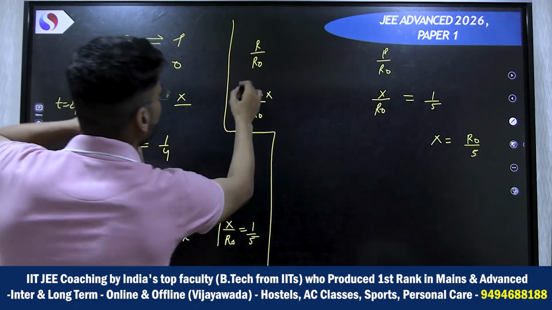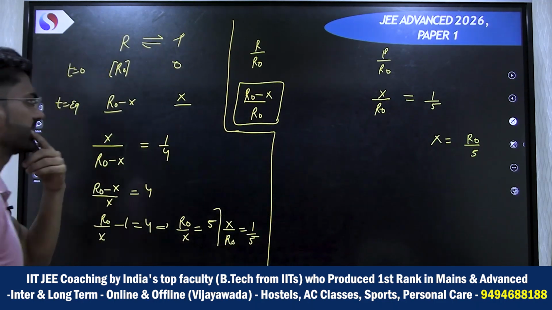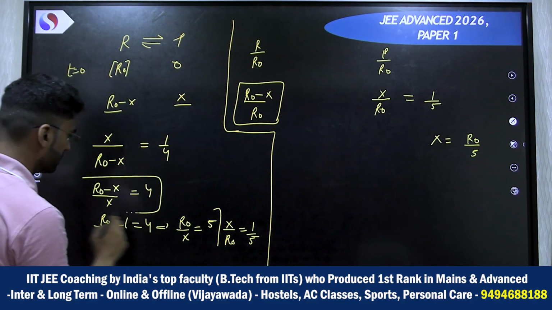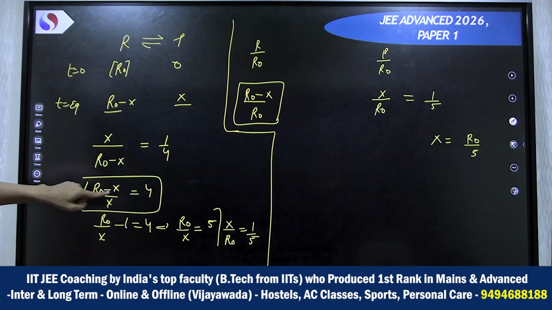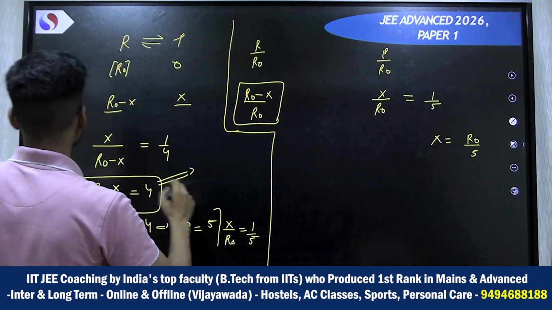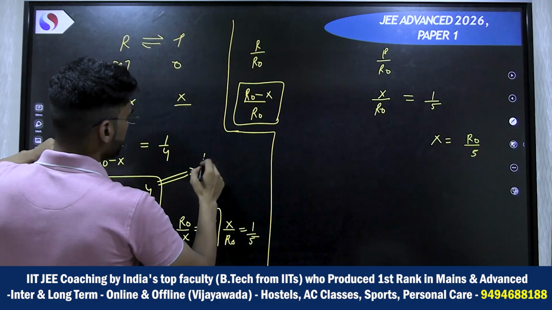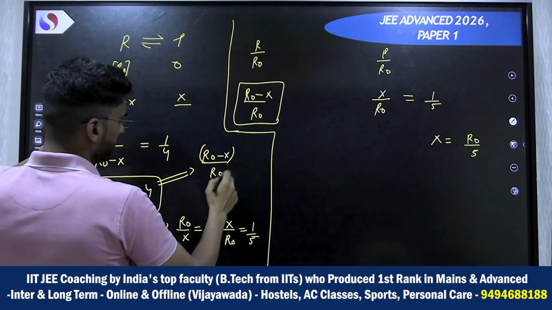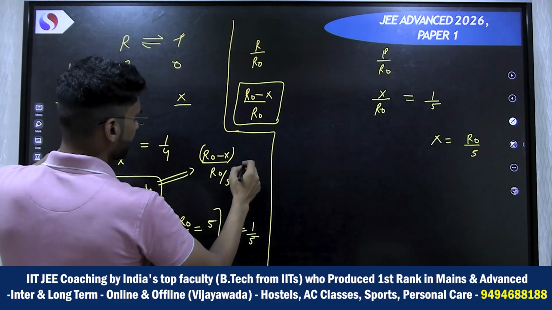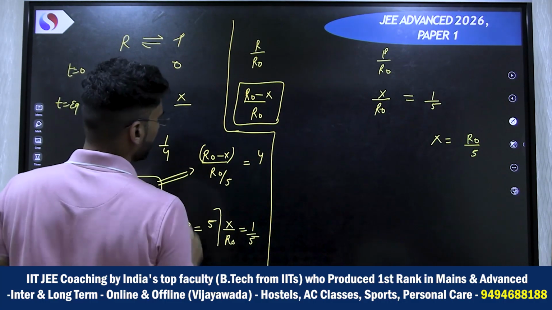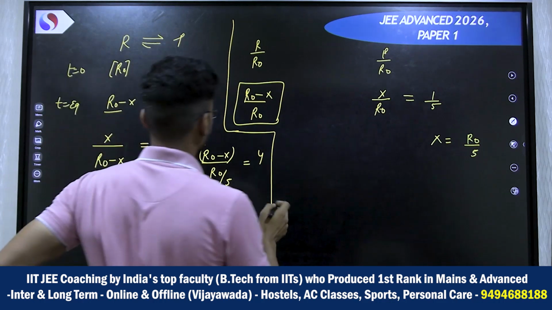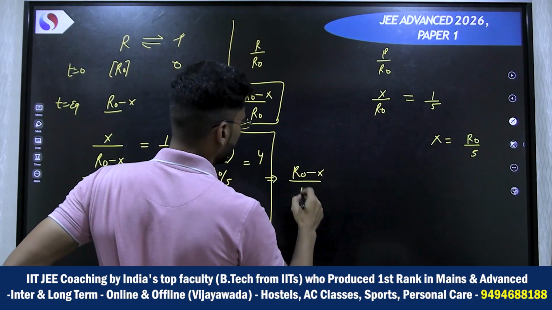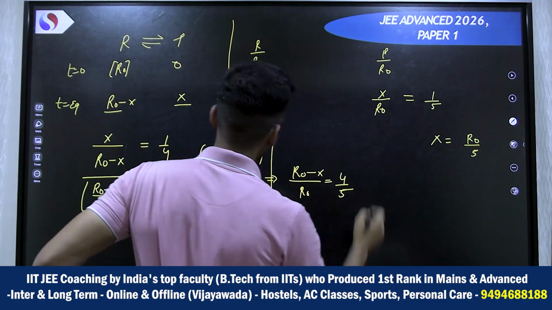I need to calculate this value, R naught minus X by R naught. Here I can put the value of X. If I put the value of X, it is R naught minus R naught by 5, divided by R naught, which will be equal to 4 by 5.